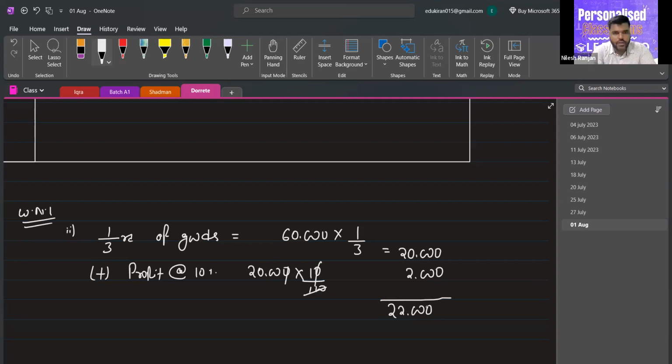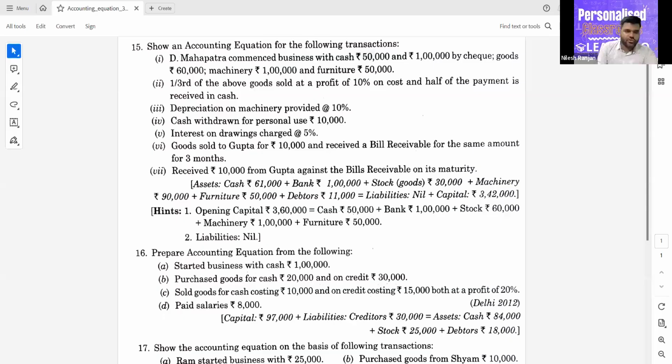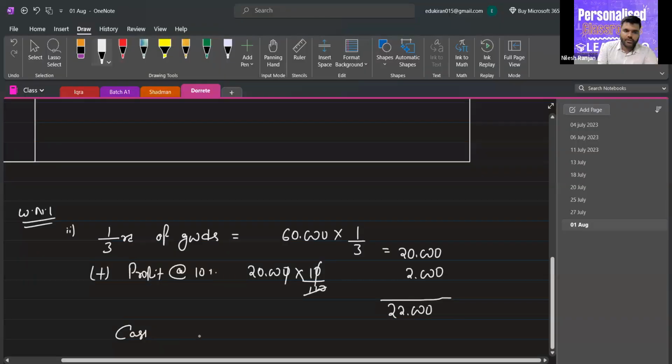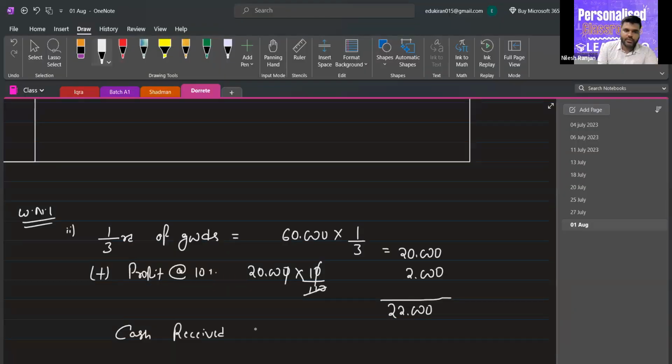Clear. The next thing is half of the payment is received in cash. So cash received at the rate 50%, 11,000. So the balance is 11,000. This is our debtors, and debtors are also assets.